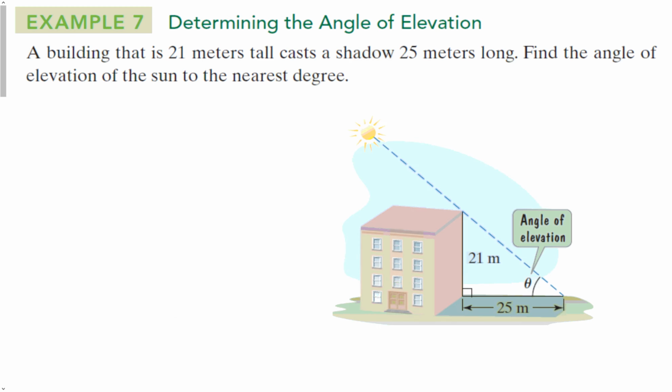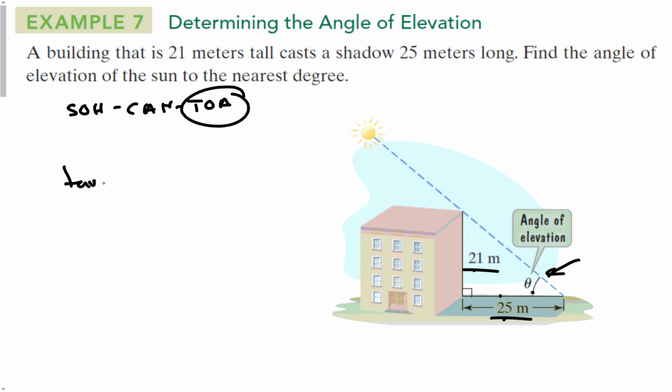So what that means is that if we have this picture and we want to solve for an angle of elevation, I know two sides. What two sides do I know? Here's my angle, I know the opposite, I know the adjacent, that is the tangent.